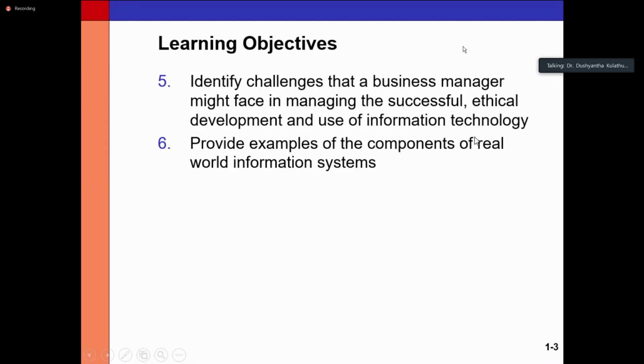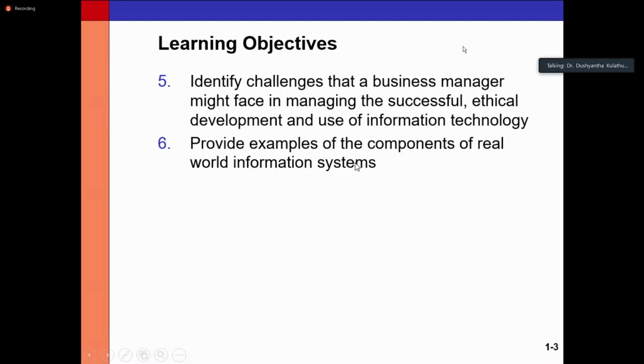So we are going to look at components of real-world information systems. I think at the initial stages of this chapter we may be focusing on those components, but we are not specifically identifying them at the beginning. Towards the latter part of the chapter, we are going to highlight the specific components of real-world information systems.